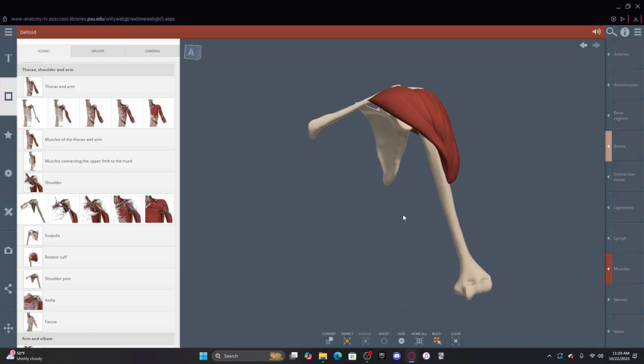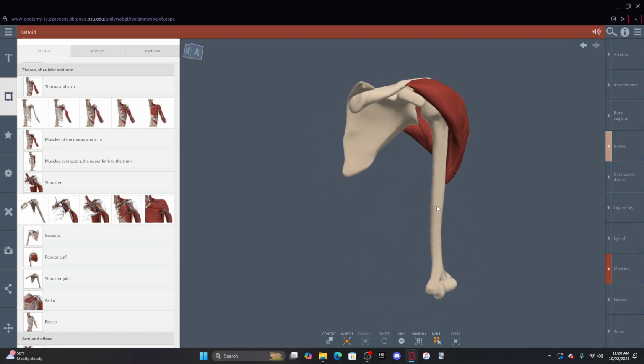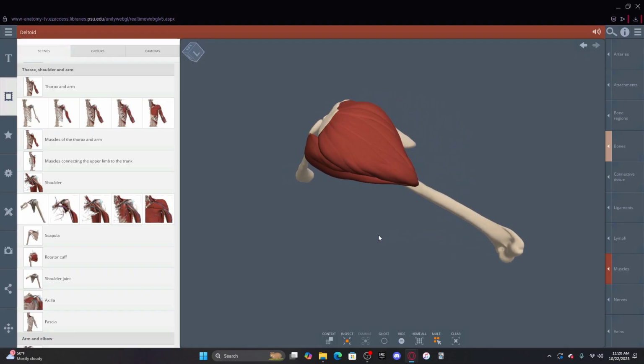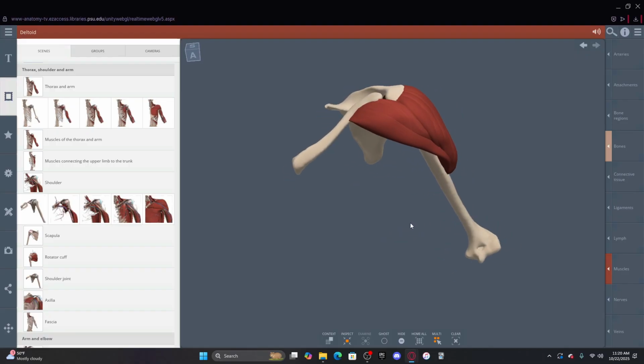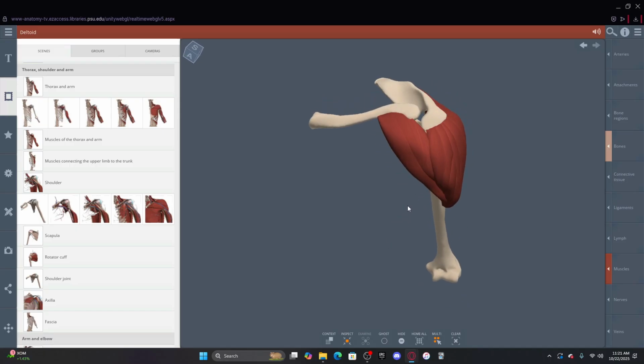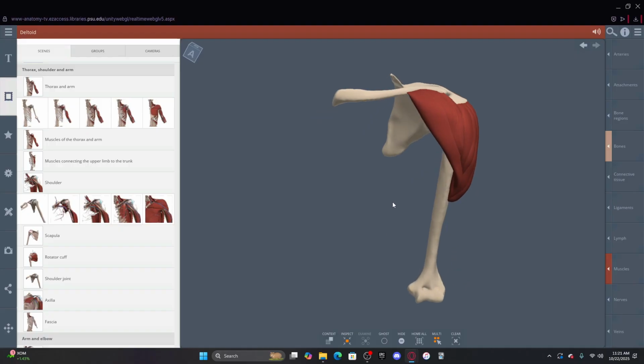If I inspect, we have our whole shoulder joint here, and then we can see the deltoid. The deltoid goes from the acromion process.